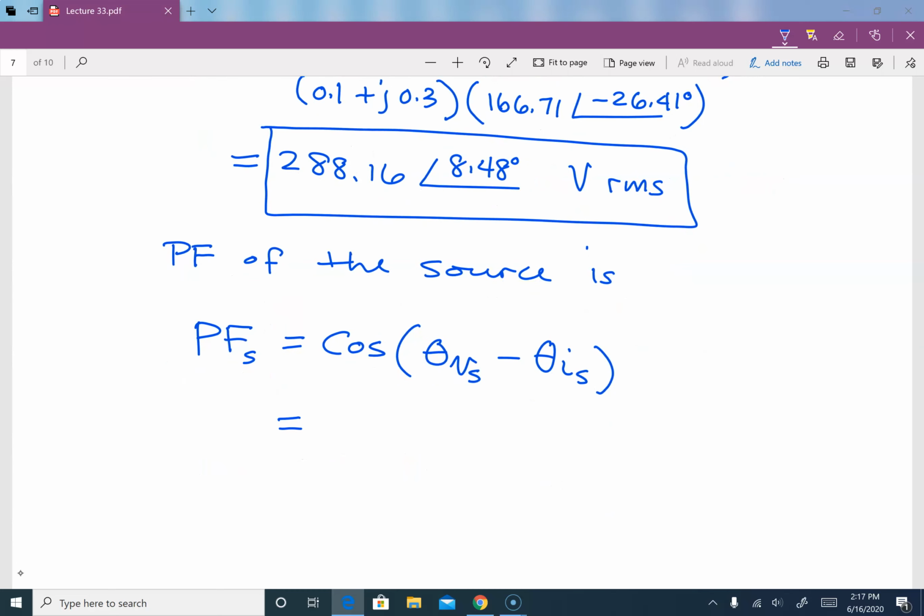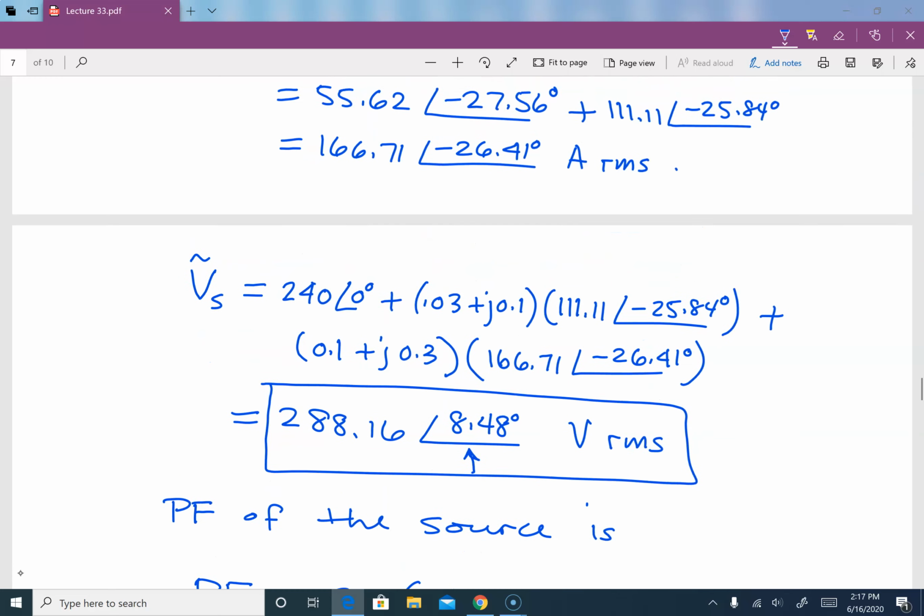And that is equal to the cosine of 8.48 degrees, which is theta V of the source, minus theta IS.